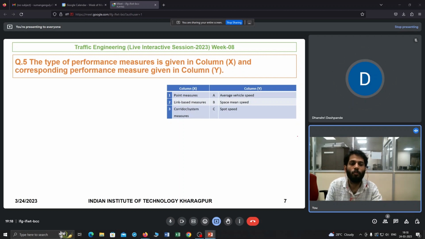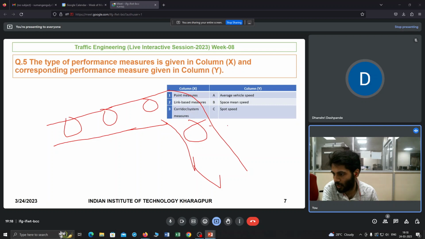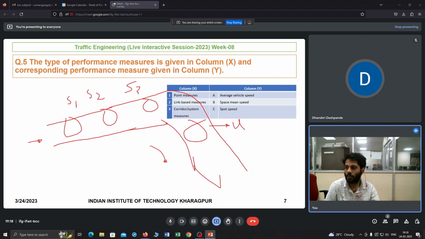So now what kind of performance measure should you take? Suppose it's a corridor consisting of maybe one signal, two signals, then maybe three signals, and this is an unsignalized intersection, and these are signal 1, signal 2 and signal 3. Now your traffic is moving in this direction, right? So you can say that it's a corridor. Maybe the length of the corridor is 10 kilometers or so.